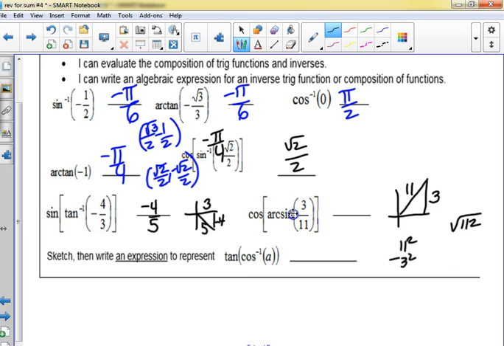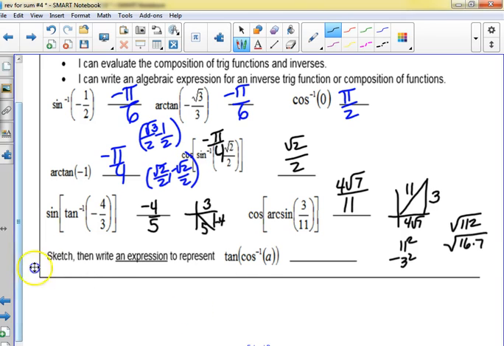So this is still opposite over hypotenuse. So 16 went in there how many times? 7. So it was 4 square root of 7 because it was 16 times 7. I don't need a negative. And cosine would be adjacent over hypotenuse. We good?